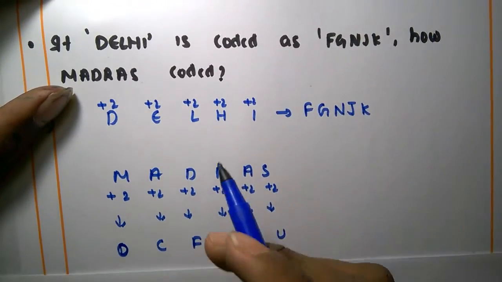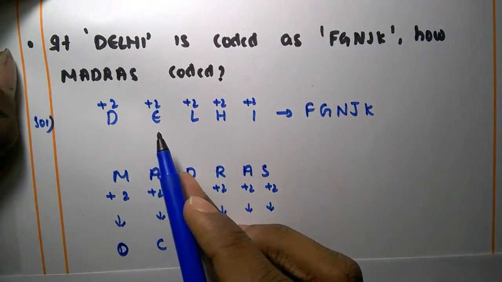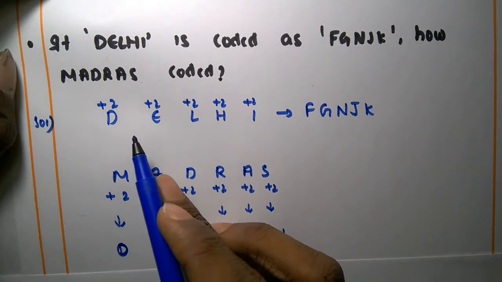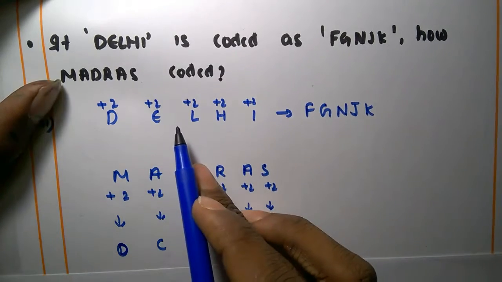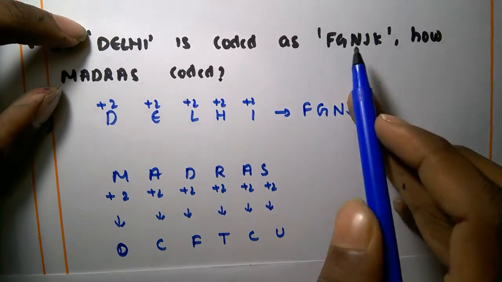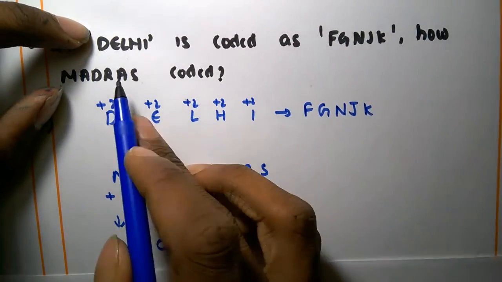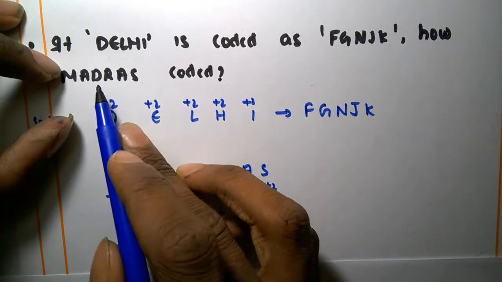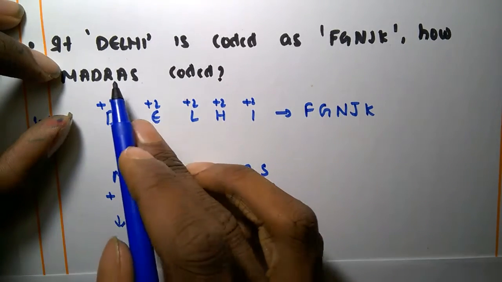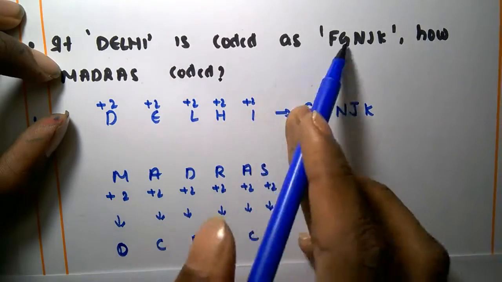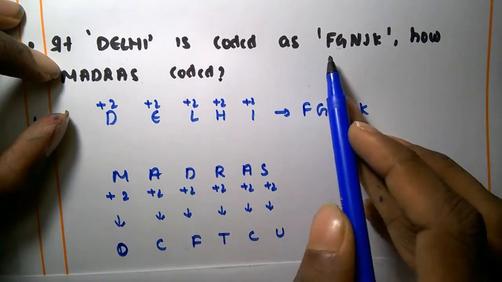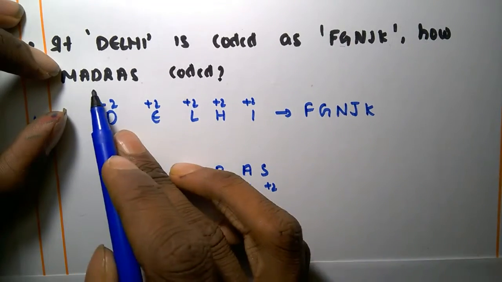In our previous question we only added +1, but in this question we should add +2. In the same way, you should see how this has been coded and then code the next one in the previous manner.